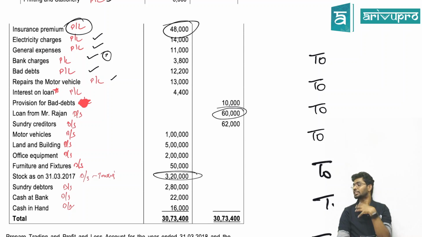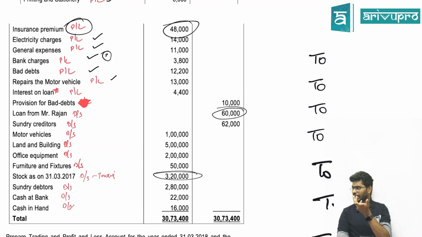From your expense of 48,000, please reduce 42,000 from your expense and charge it to the capital account, because it's not an expense of the business, it's the expense of the proprietor. And expense of the proprietor, what do you do?